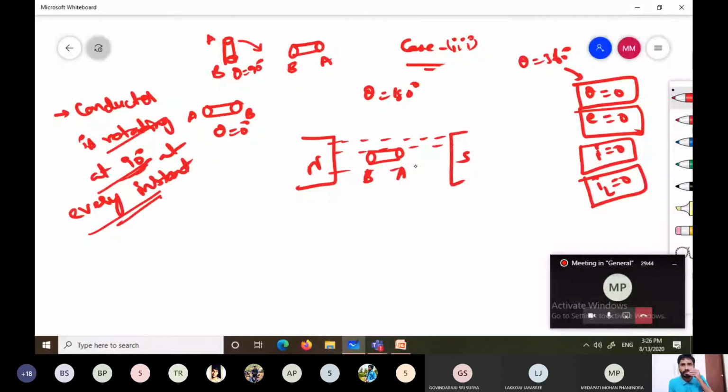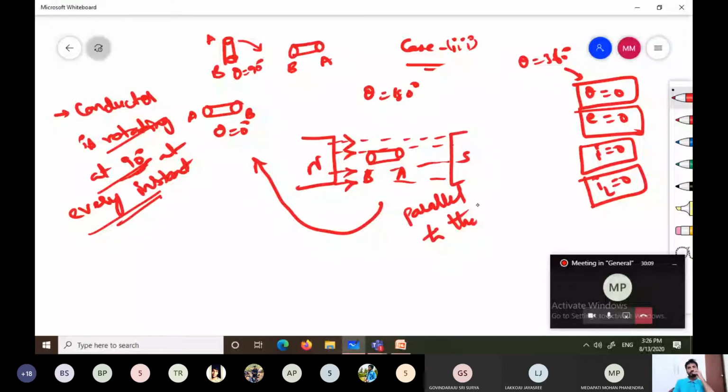Now how does the position look? It is similar to the 0 degrees position. In the 0 degrees position, we are saying that the conductor is placed parallel to the lines of force. If the conductor is parallel to the lines of force, what happens?